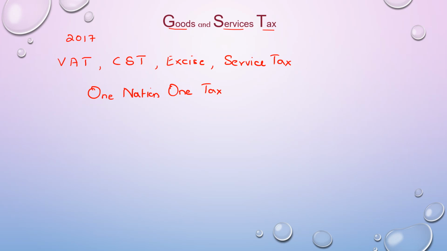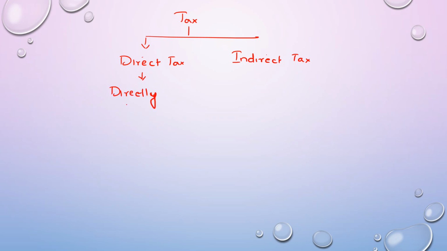Now, before we go further into Goods and Service Tax, first you need to know about tax itself. Tax is of two types. One is called direct tax, the other one is indirect tax. Now, let us understand what is direct tax and indirect tax. Direct tax means a tax which is levied directly. It is levied on the particular person who is earning that income. A very good example would be the tax levied on salary.